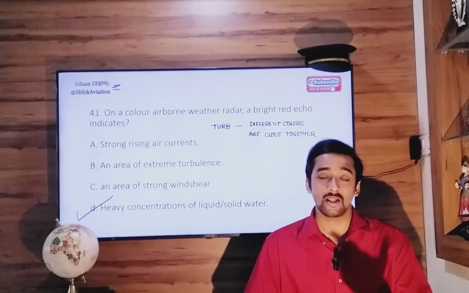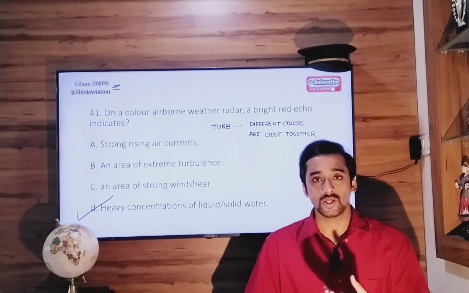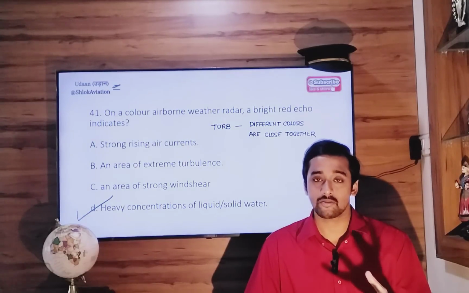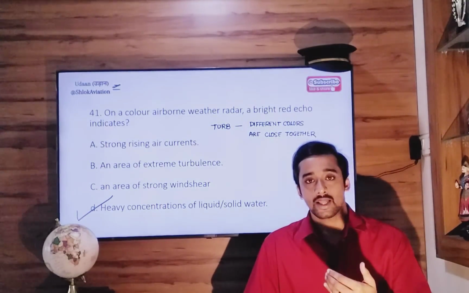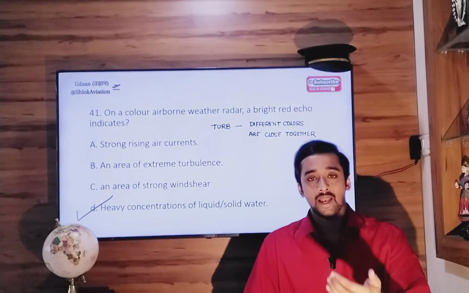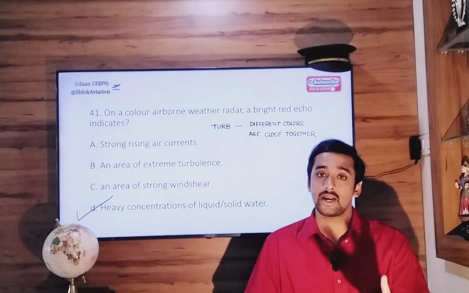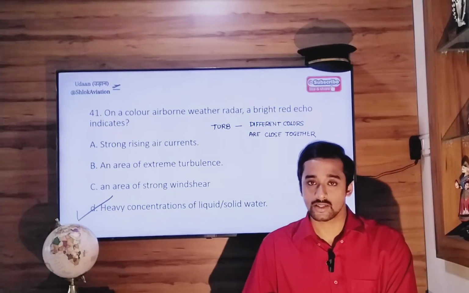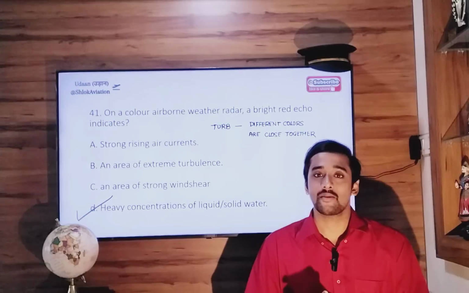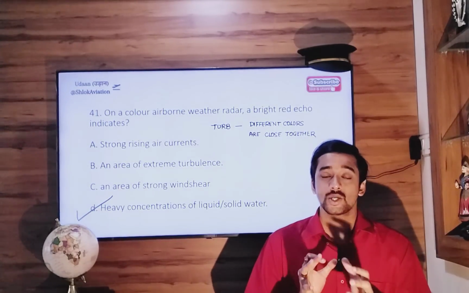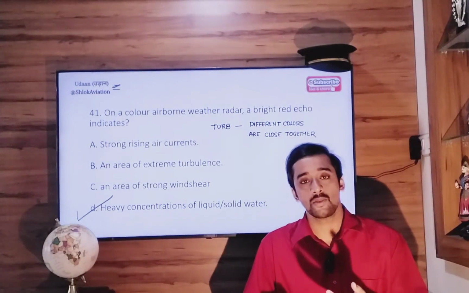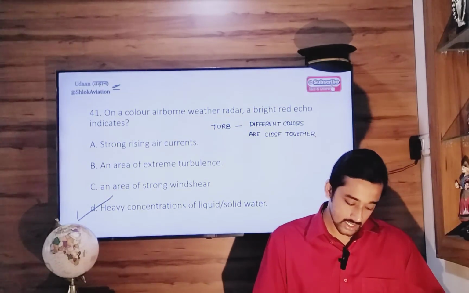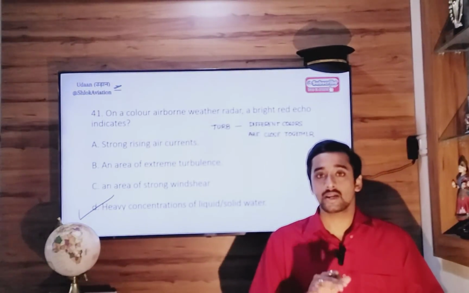You will expect even more turbulence in zones where there are different colors. That means the transition from a green color, that is a safe area, to a yellow color where there is medium reflections, to a red color area where there are heavy reflections. When all these three colors are adjacent to one another, you are going to expect turbulence as you transition from one zone to another. So that is the right answer. Extreme turbulence is where different colors are close together.